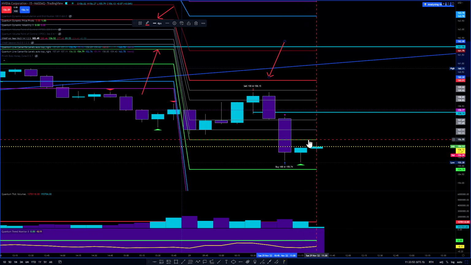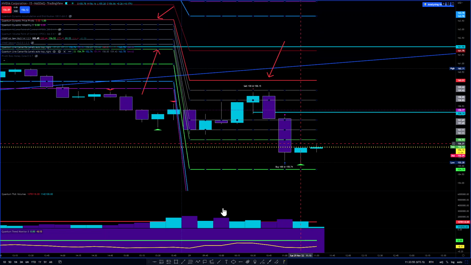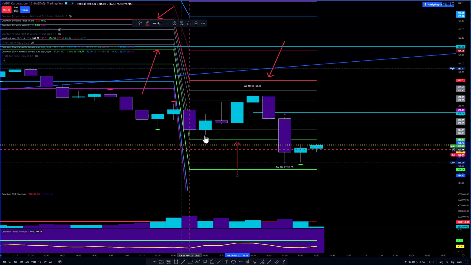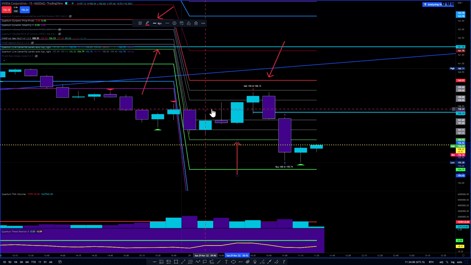S3 is at 156.55. So it's a completely lower value relationship, but we're opening above S3, right? And within the central kind of zone here.